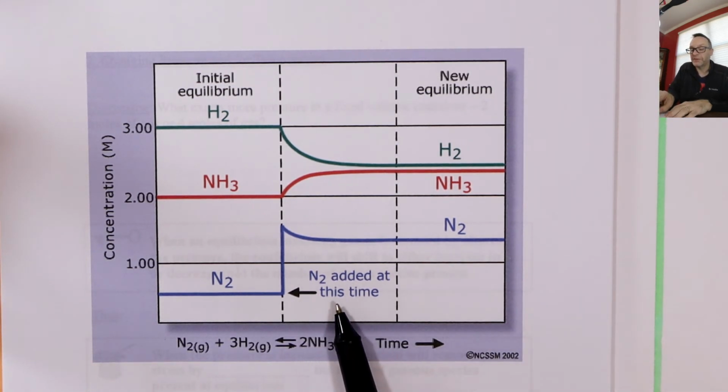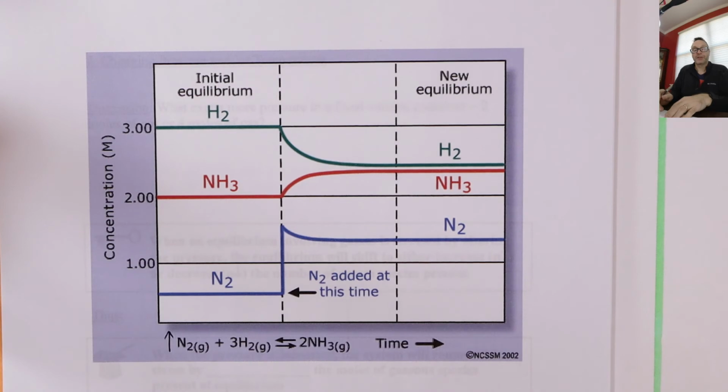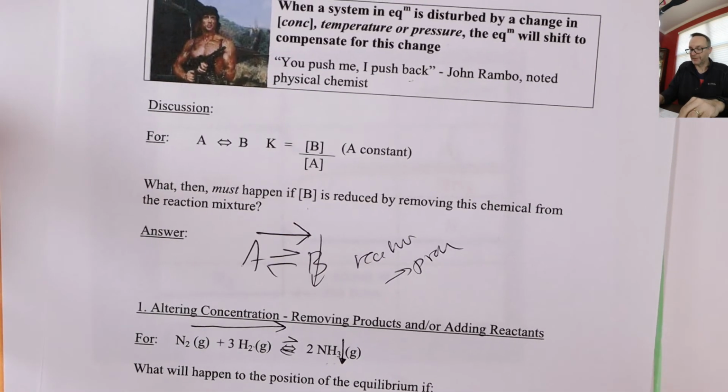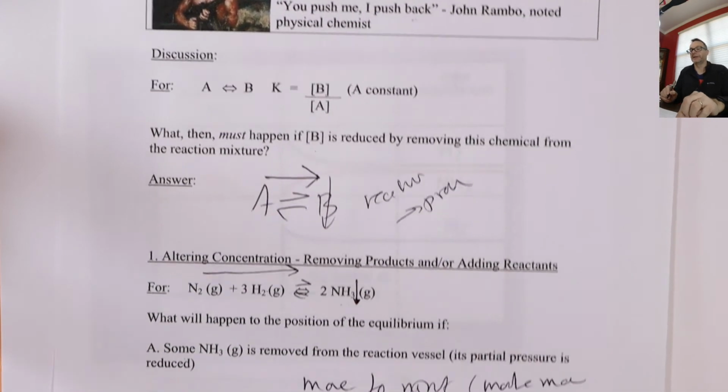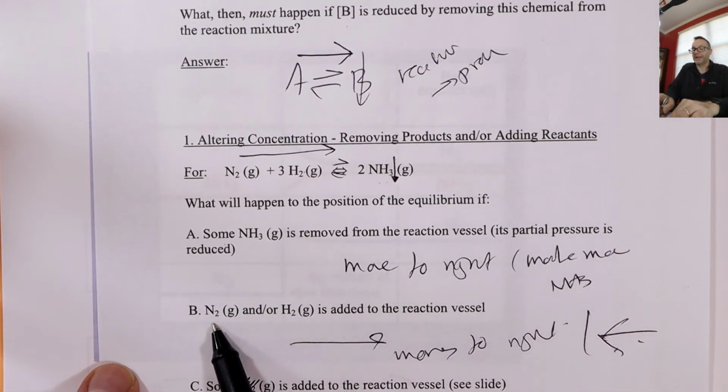You could throw in some more N2. If you throw in some more N2, that means this goes up. That means I've got more reactants than I should. You're going to turn them into products. So really, it's just like the B example here. So I add some N2.